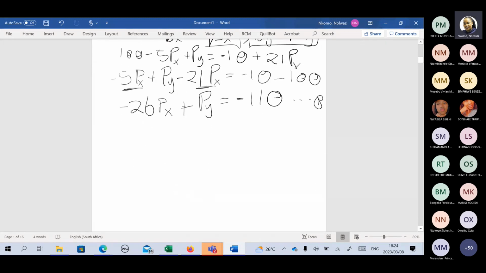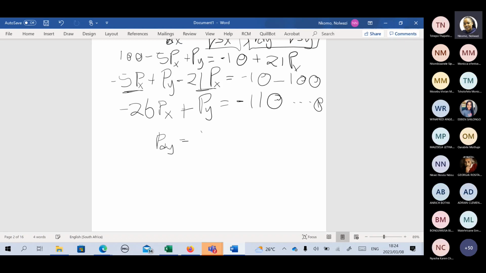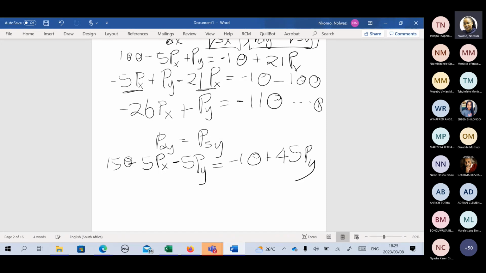If I do that, I will have Qdy equals Qsy, and this gives us 150 minus 5px minus 5py equals minus 10 plus 45py.